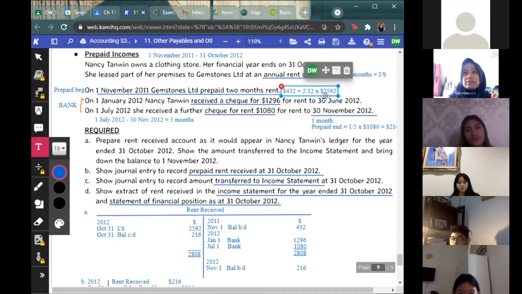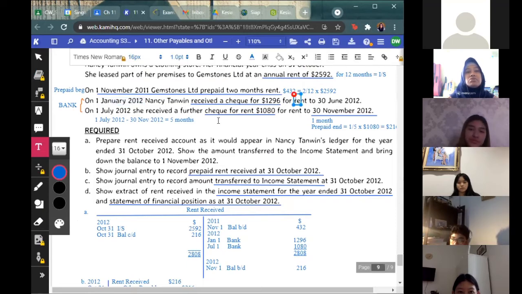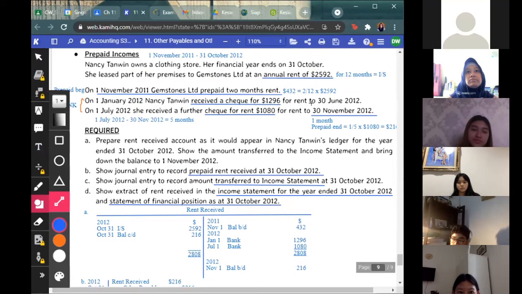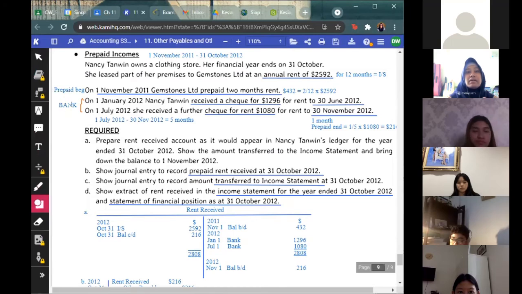Is it clear? Clear, yeah? So you have information on prepaid beginning, checked. Number 2, on 1 January 2012, which is still in the accounting period here, Nancy Tanwin received a check for 1296 for rent to 30 June 2012. Receive a check, it means it is for bank.